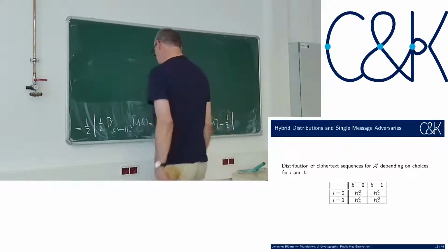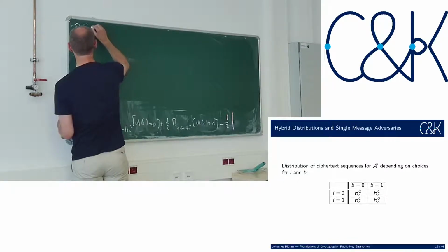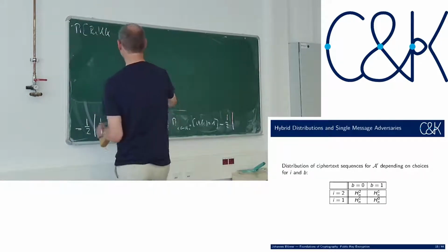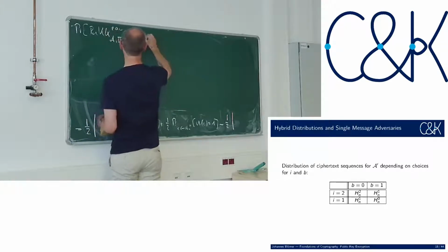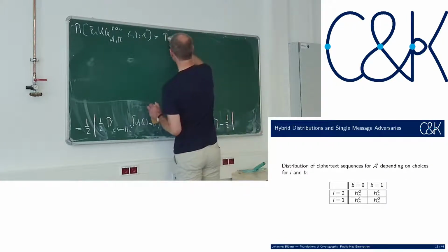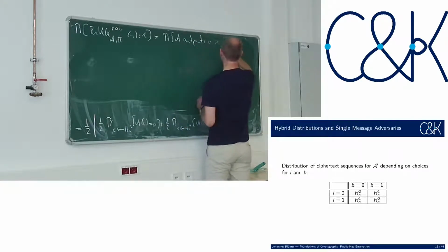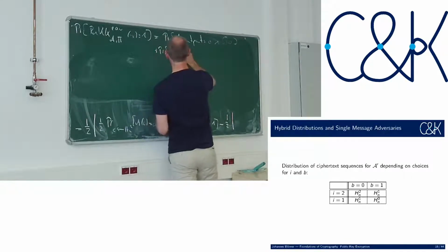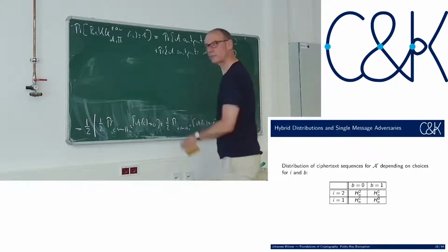Okay, let's look at the probability that in the public key game, with A eavesdropping, A, pi of n is 1. This is the probability that A outputs 0 and B is 0, plus the probability that A outputs 1 and B is 1, right?